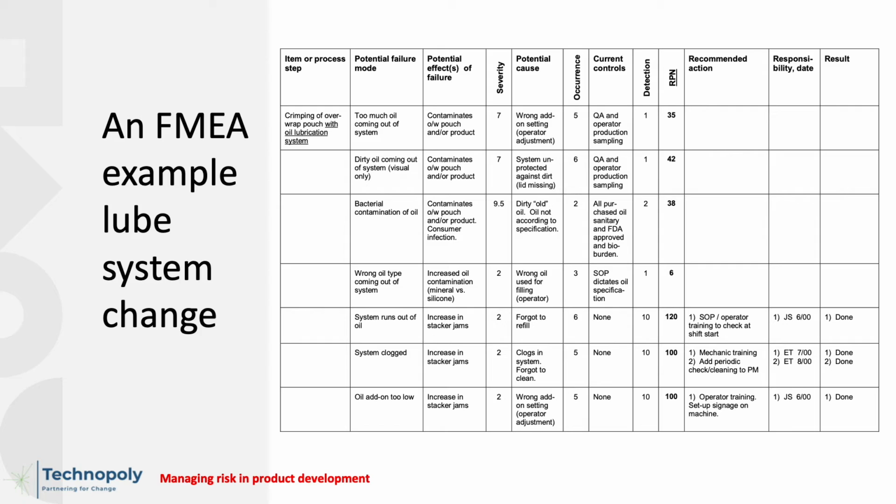The potential cause is related to the failure itself. What can cause the failure? The potential cause refers to the potential failure on the second column of your template. We will now evaluate each of the potential causes by its occurrence. What's the likelihood that these causes will happen?